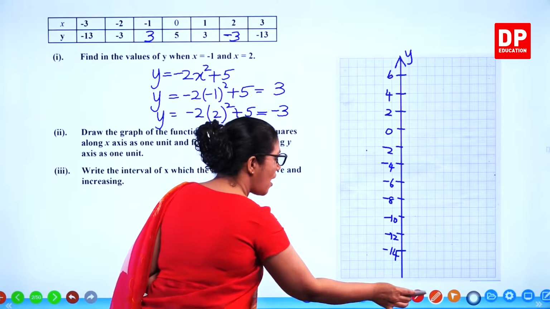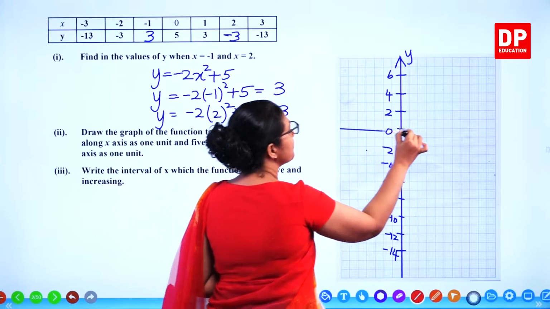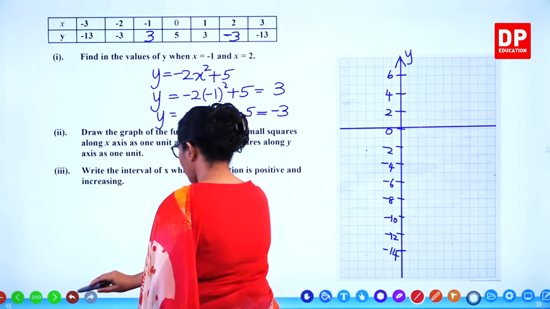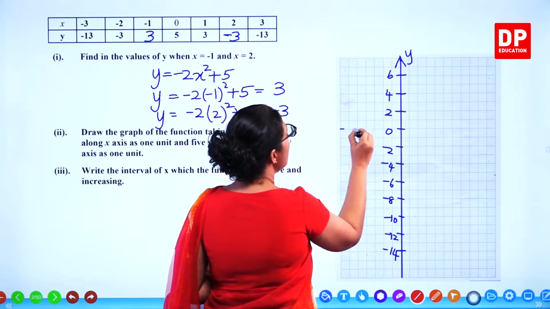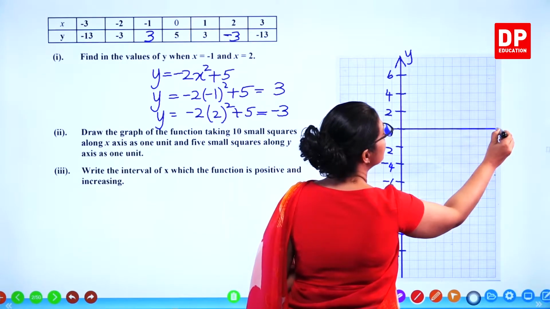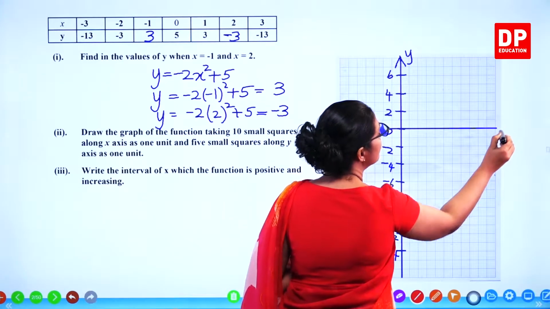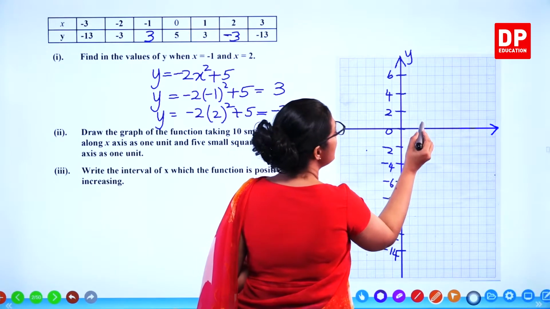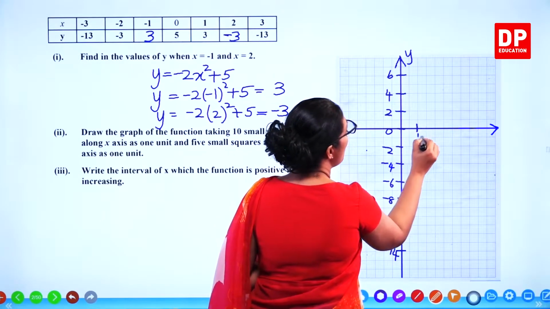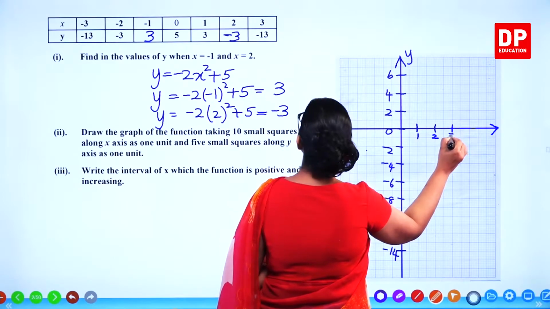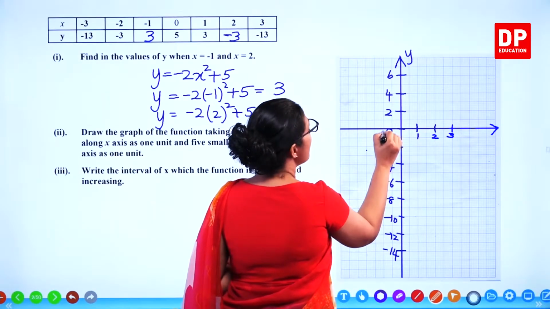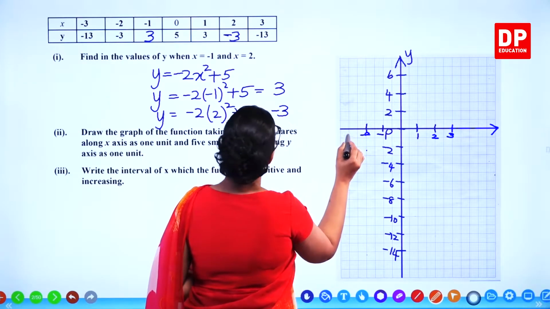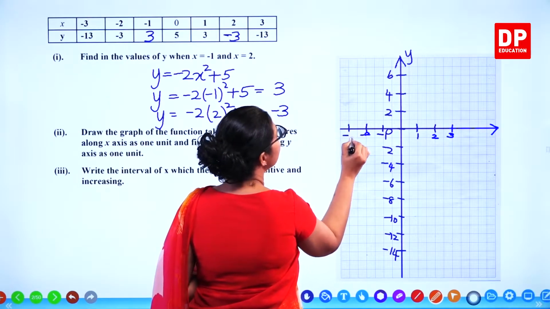Then we can mark the x-axis. Here 10 squares is 1 unit: 1, 2, 3, minus 1, minus 2, minus 3.